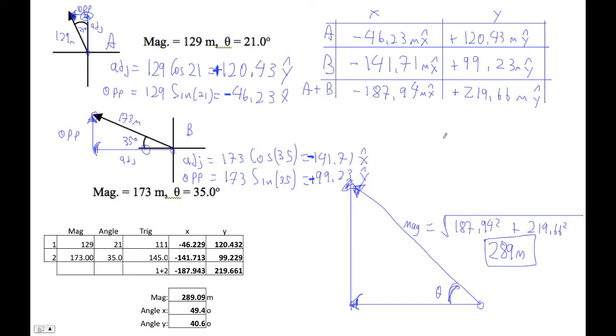Okay. And then I want to find this angle there. That angle is going to be the inverse tan of the opposite over the adjacent. So the opposite side is 219.66. This side is 187.94. So opposite is 219, right? And then it's 187.